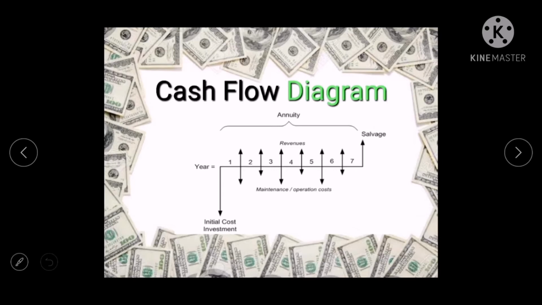A cash flow diagram is nothing more than a horizontal line segment with marks representing the period of time. Each time a transaction takes place, a vertical arrow represents the transaction and has unique characteristics, whether it's credit or expense, and its magnitude.